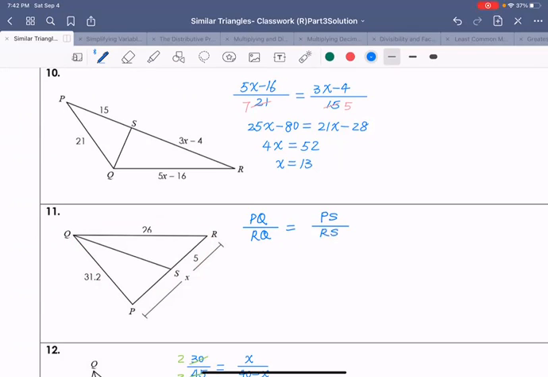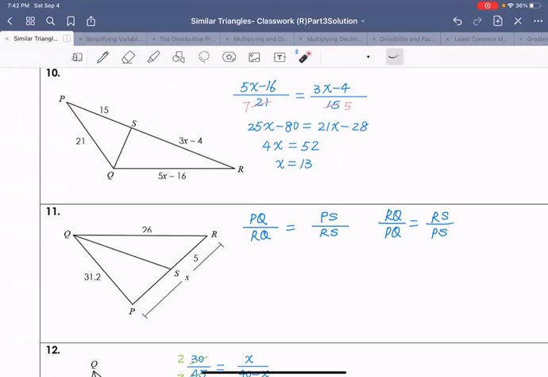Yes. Well, you say, can I say this? Yes, no problem. But this time you put RS and you put PS. Does this make sense? Yeah.